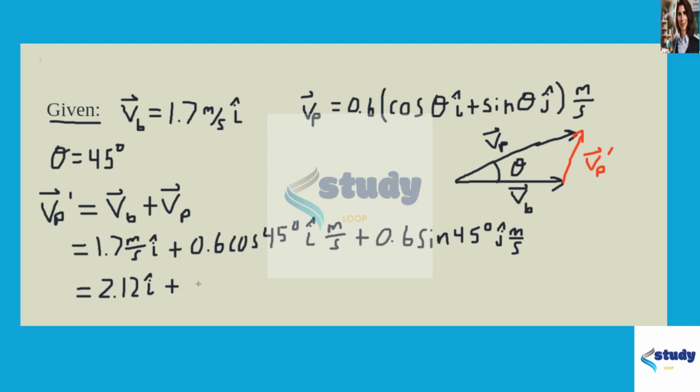And then 0.6 sine 45 degrees is 0.42 in the j hat direction. And this is all in meters per second. Okay, then box that in because that's our solution.